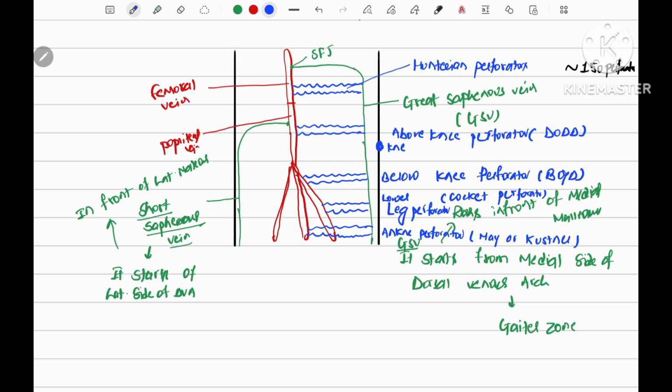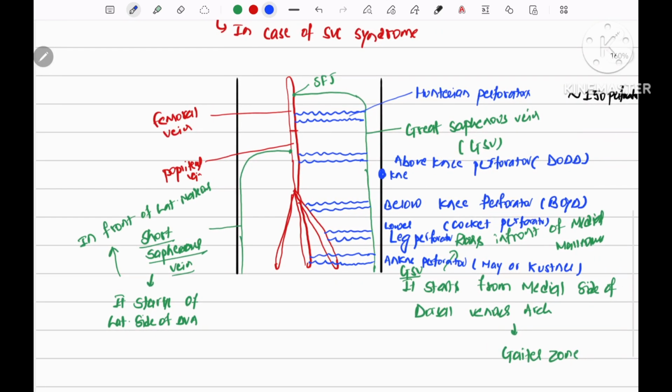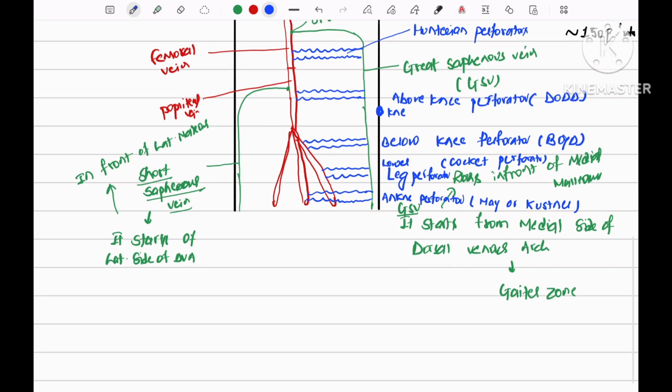Let's simplify. We can also remember these perforators like A, B, C, D, H. The first one is A, ankle perforator. The second one is boyd. The third one is dodd.